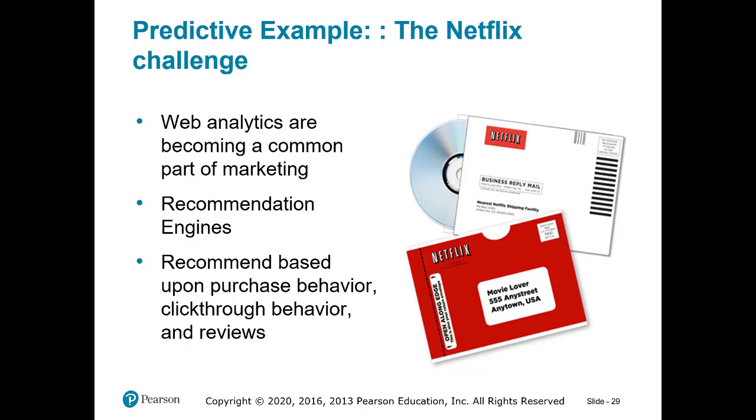And this is where they were trying to recommend movies to consumers. And the idea is based on your past movie reviewing and viewing history, we can actually predict which movies you are going to like. We can make recommendations.